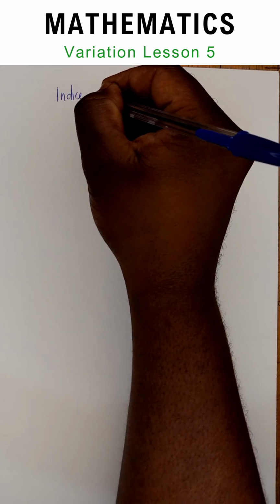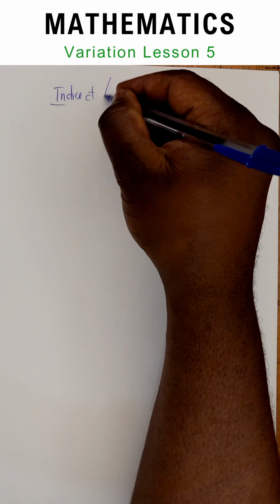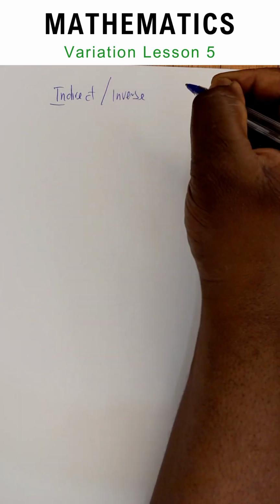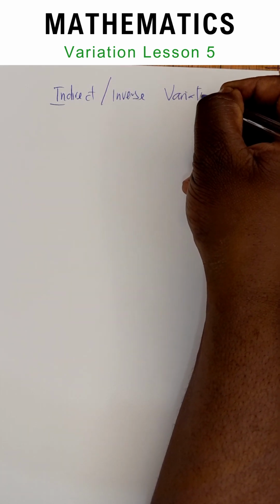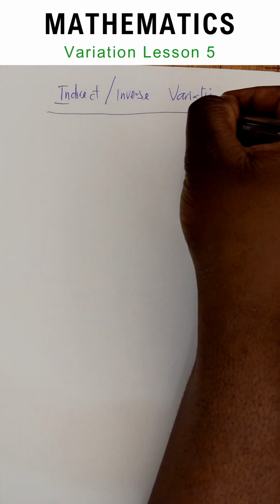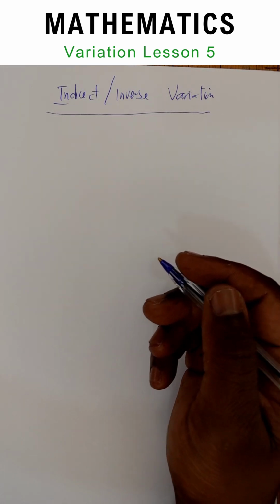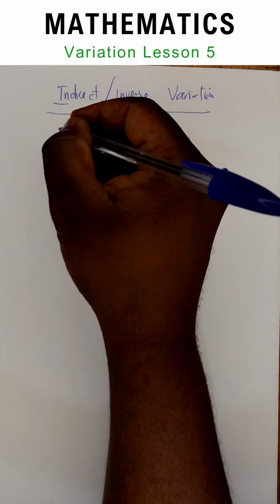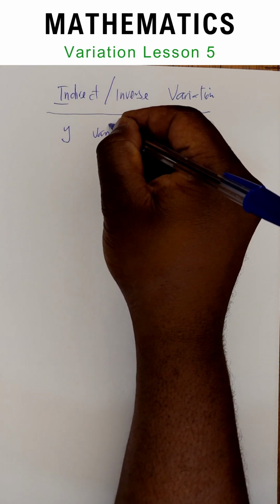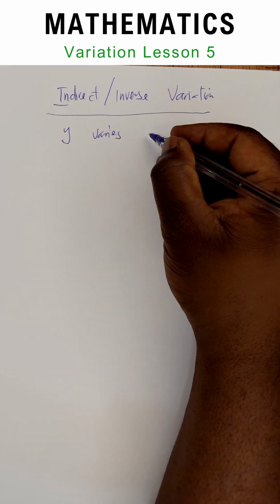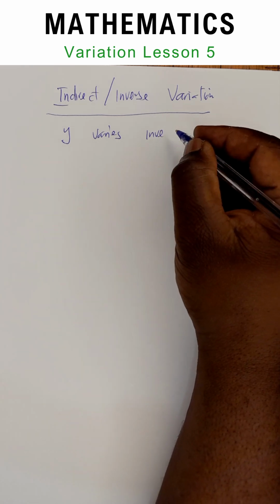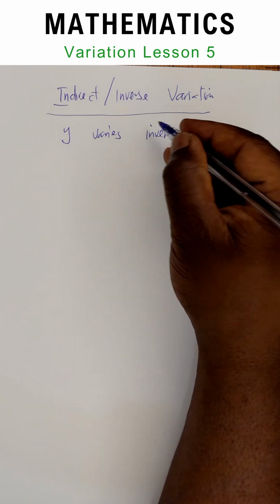Indirect or inverse variation. Under this, we can have an example where they say y varies inversely. And listen to the word inversely.